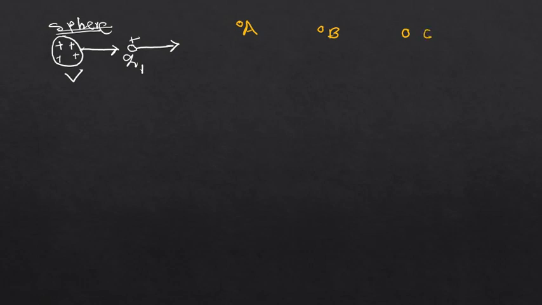If I get a sphere and place it here and make this sphere a negatively charged sphere, notice that A, let me just say this is positive, this test charge is also positive, and this test charge is positive.